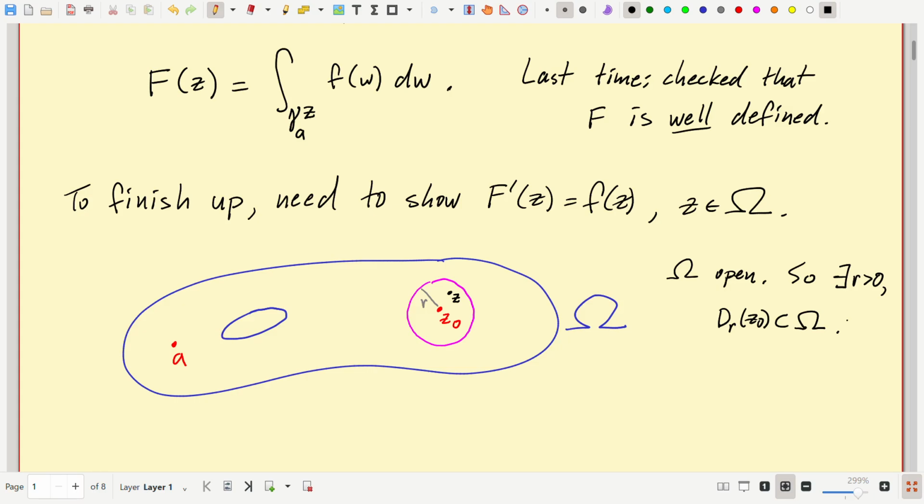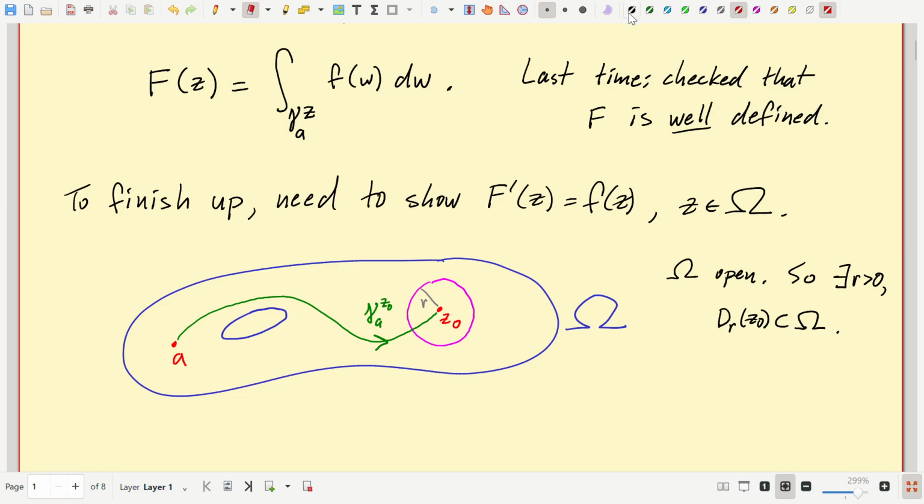Okay, so now here's what I'm going to do. To think about the difference quotient, I'm going to take my curve gamma to start at A and go to z naught. So just pick one. But then when I want to go the rest of the way to z, I'm going to take the straight line.